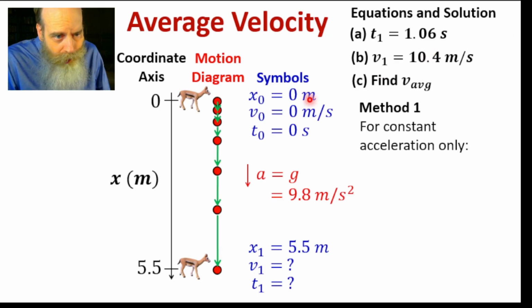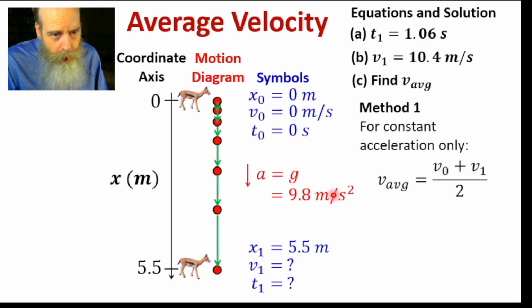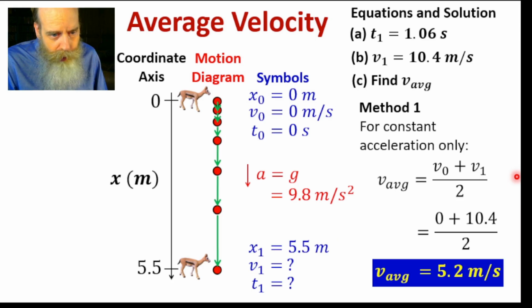This problem had constant acceleration, so we can use this method. In that case, v average is (v0 plus v1) over 2. So it's the initial velocity plus the final velocity divided by 2. Put in the numbers. v0 is 0, v1 is 10.4, and we get v average is 5.2 meters per second.